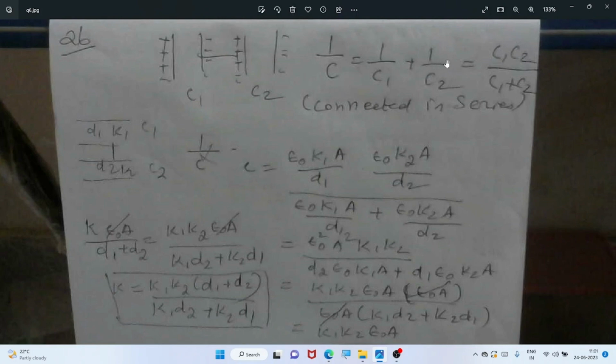Now you have to apply that formula with the dielectric capacitances C1 and C2.